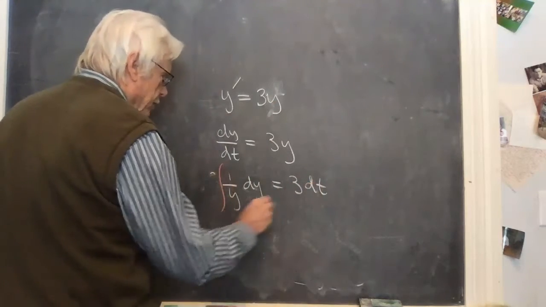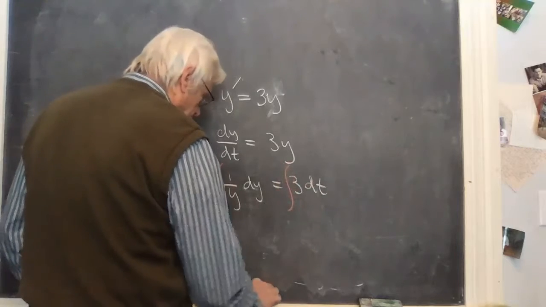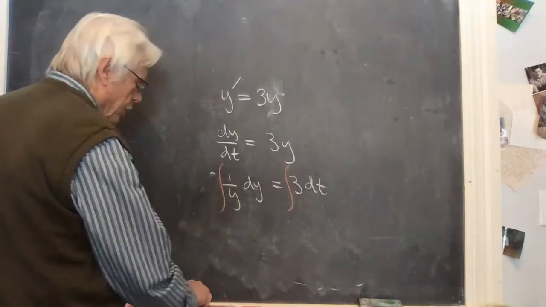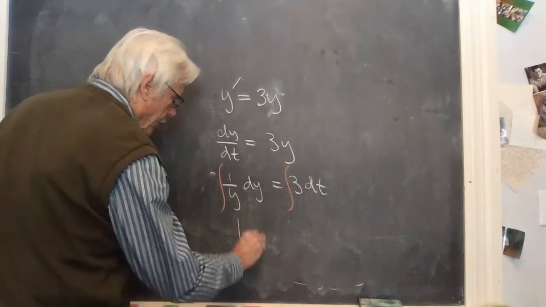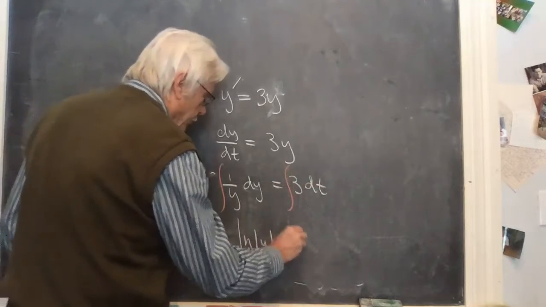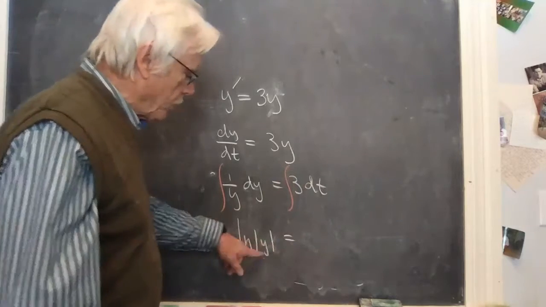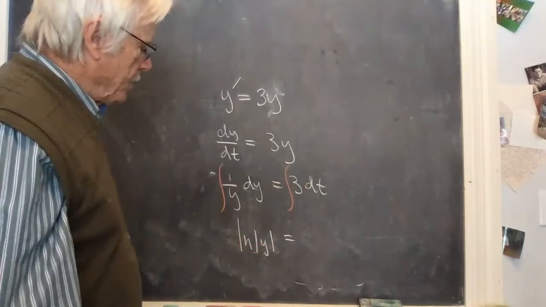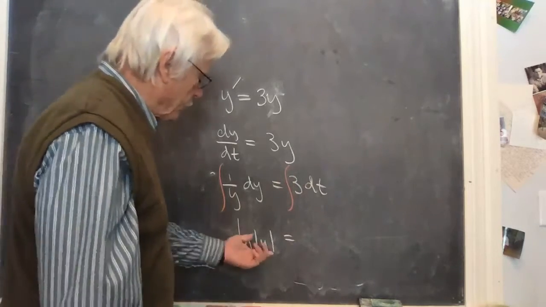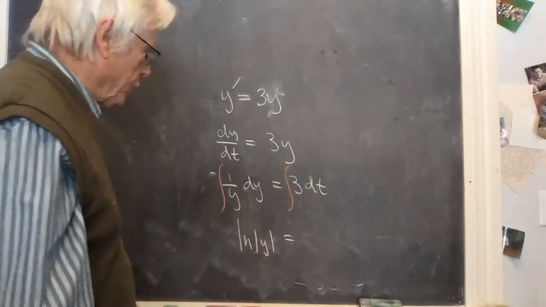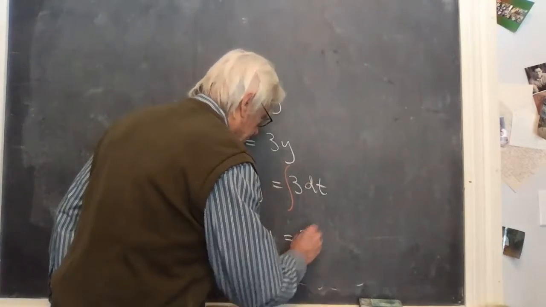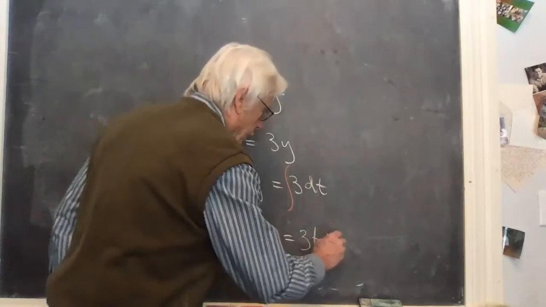Then anti-differentiate, integrate both sides. Here we get the log of the absolute value of y. The absolute value sometimes is left off in calculus, but in applications, you don't want to leave it off. There are a lot of applications where absolute value is necessary here, or it gives you information you wouldn't have otherwise.